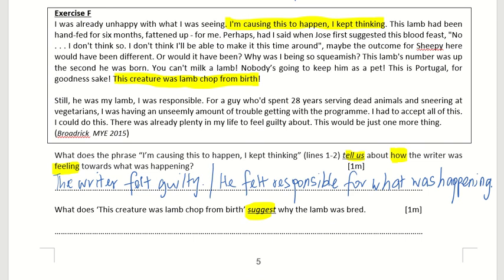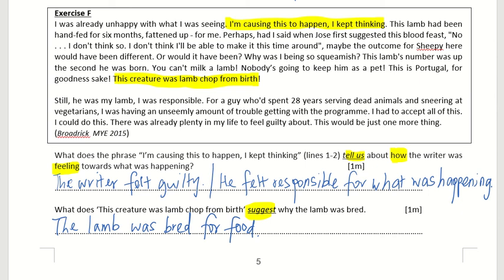Lamb chop is a type of food, so the lamb was bred for food.